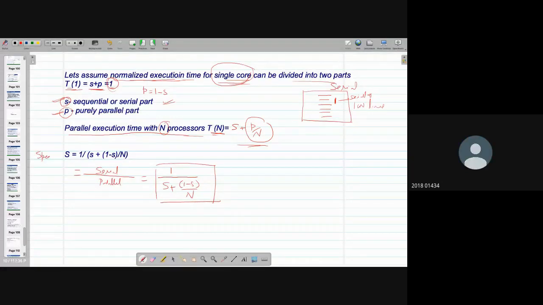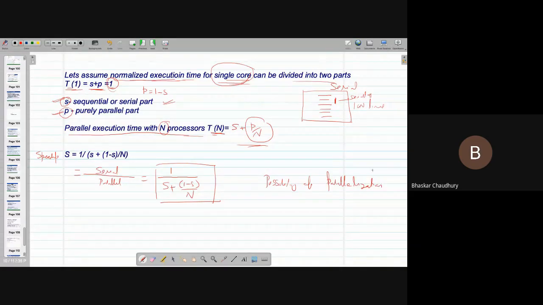Sequential part. Exactly. The speed up is finally determined by the sequential part which is present in your code. That will finally decide the bound on your speed up. So basically the possibility of parallelization. Whether I should even spend my energy in parallelizing a code or not. That possibility comes from this relation.